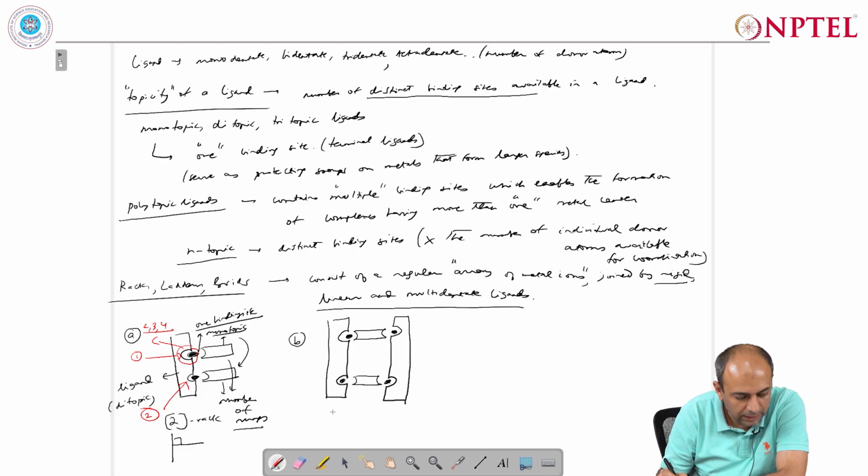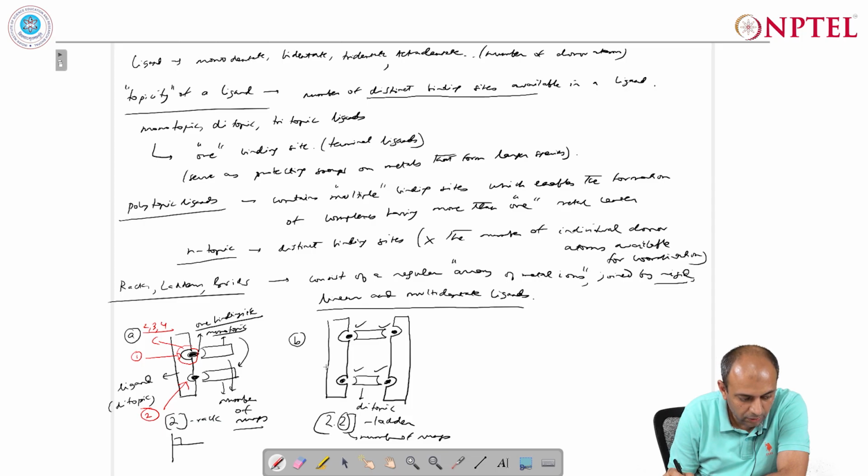This is referred to as a 2.2 ladder, where the number 2 refers to the number of rungs, and this is a ditopic ligand because it has 2 coordination points. It could also be a polytopic ligand, but in this case it is ditopic. How many such ligands are there? This is 1 and this is 1, so there are 2 polytopic ligands present.